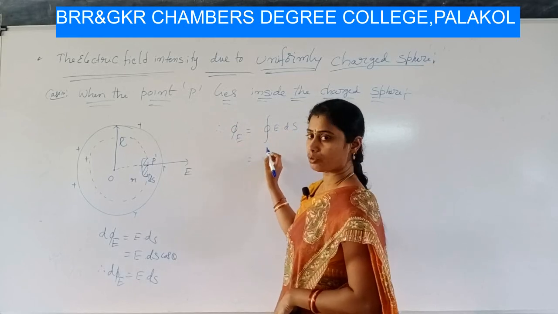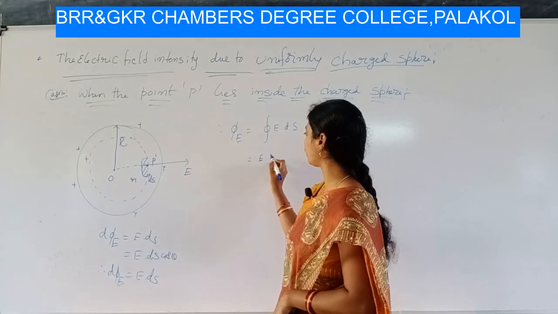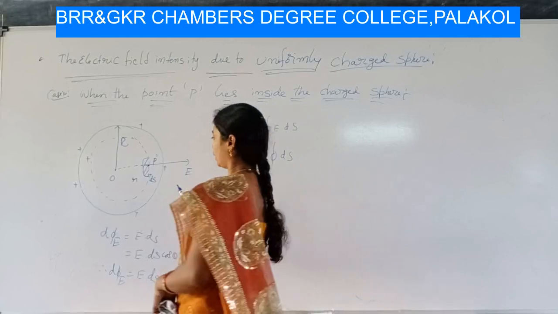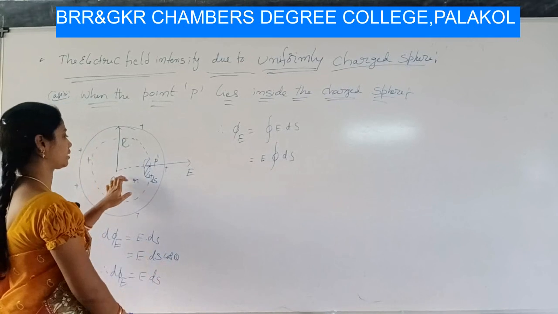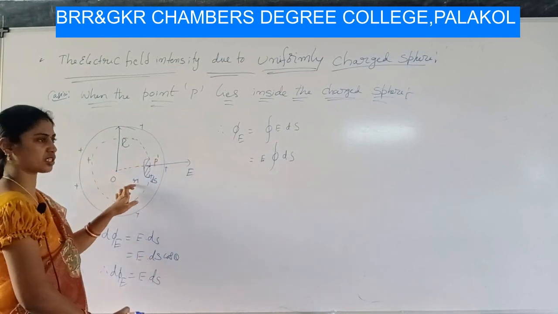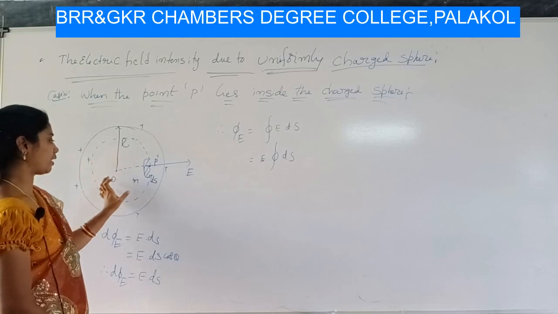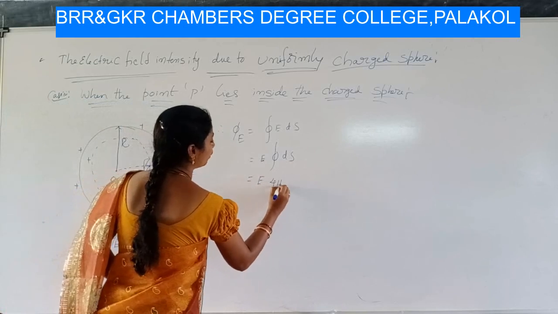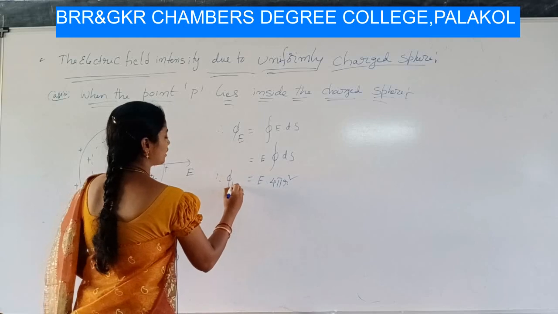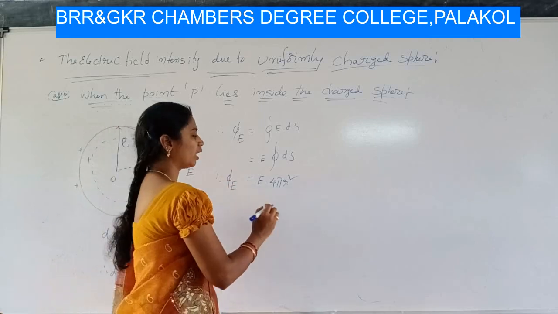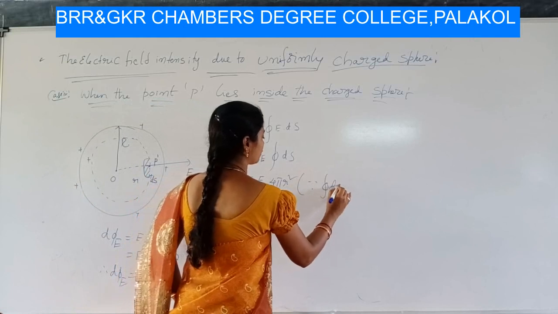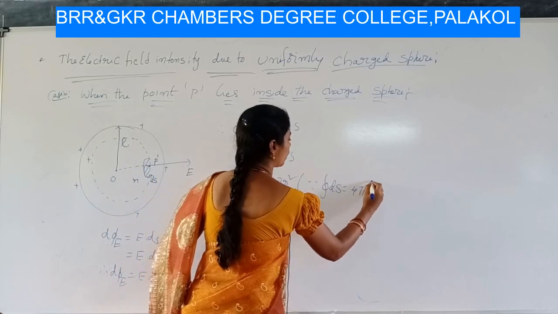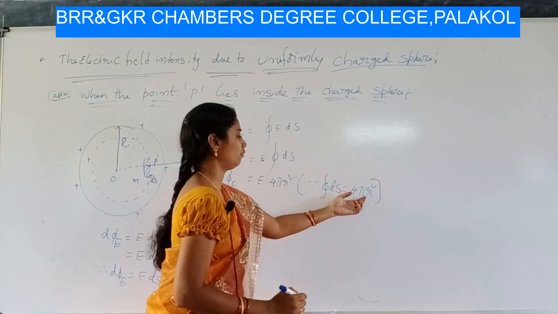Here E is constant at all points of the sphere, so we can write it before the integration as E times the closed integral of dS. The closed integral of dS is the surface area of the sphere with radius r, which is 4 pi r square.